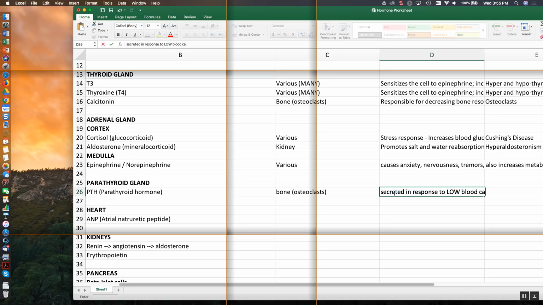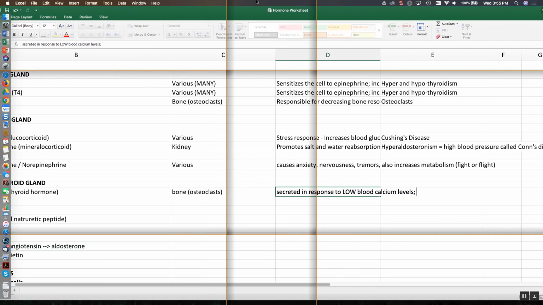So what would it do? Enhance or decrease osteoclast activity? Decrease osteoclast activity? Increase osteoclast activity, right?